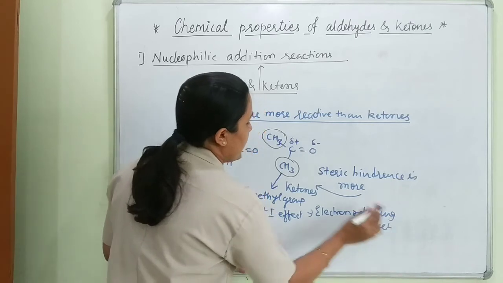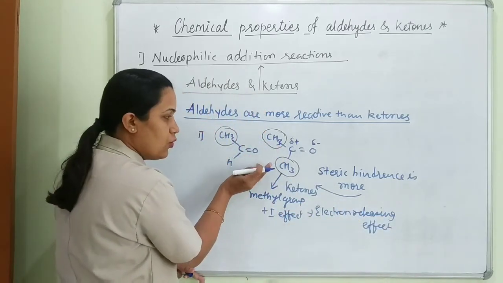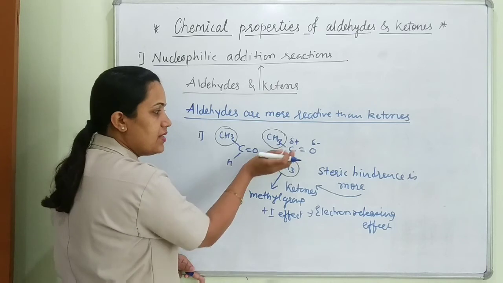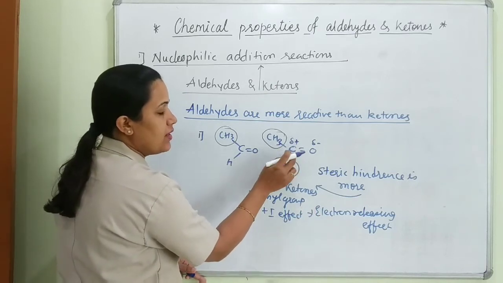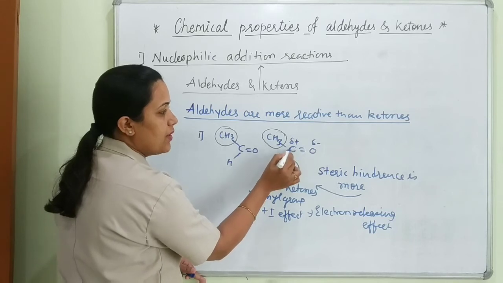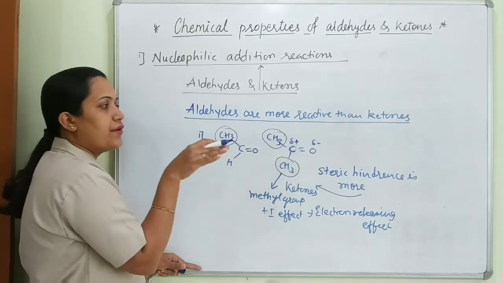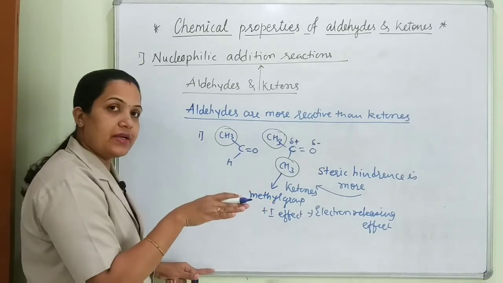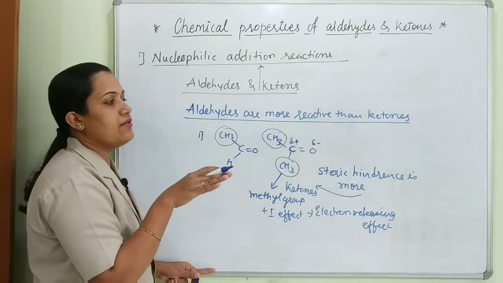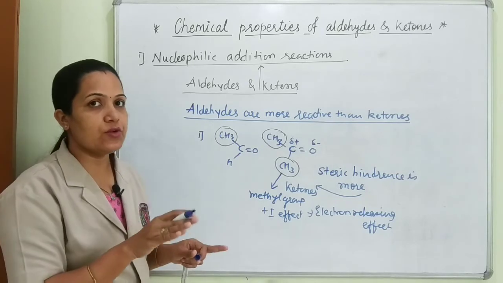So when these two methyl groups increase the electron density on this carbonyl carbon, they reduce the polarity, and if the polarity reduces, the reactivity will also reduce.